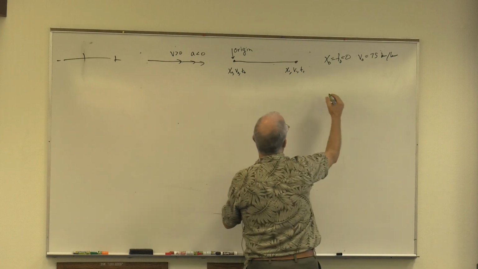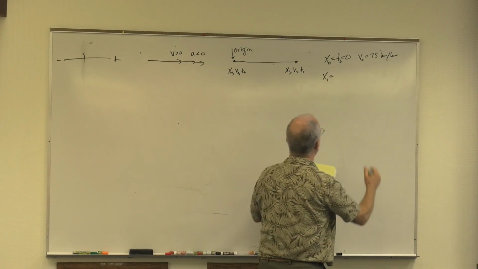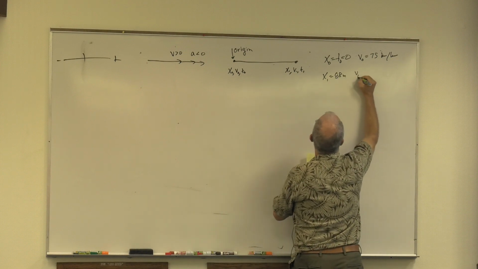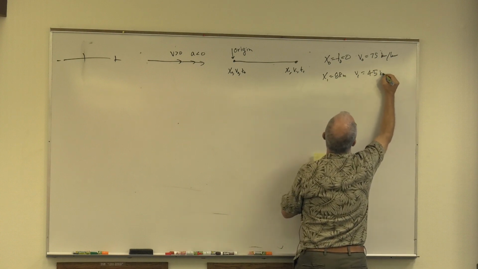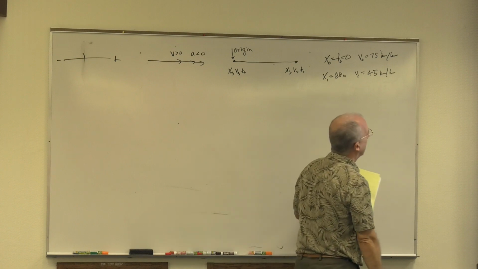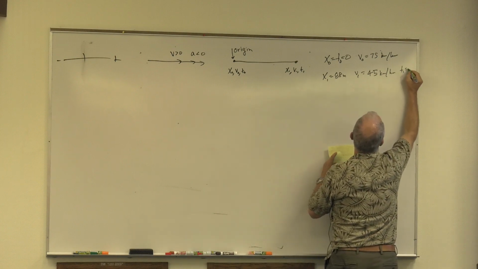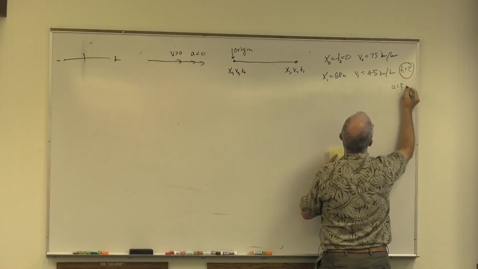And then x1 is 88 meters. V1 is 45 kilometers per hour. And t1, we don't know, t1 equals question mark. And a is question mark.